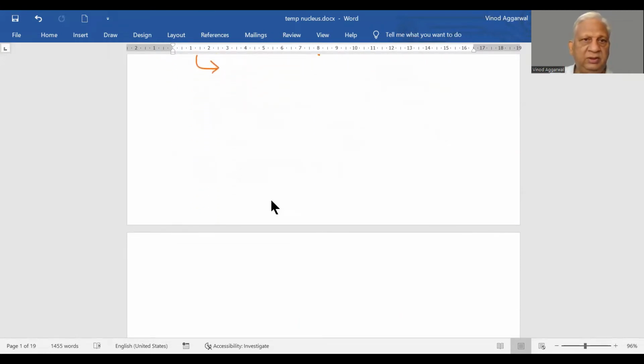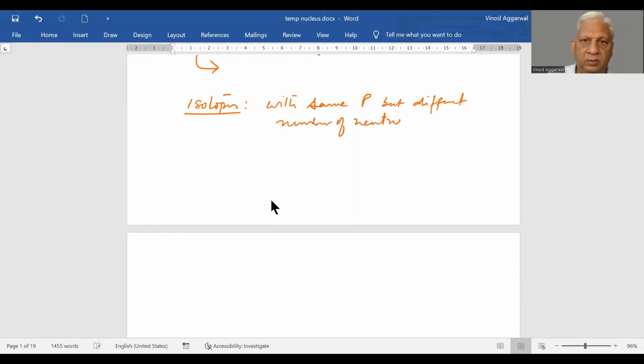Now there is some other terminology. Isotopes are variants of an atom with the same number of protons, but a different number of neutrons.